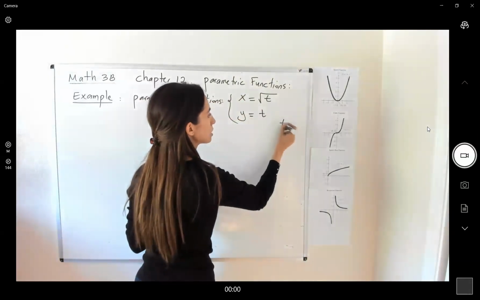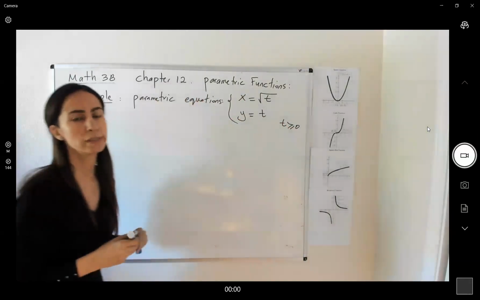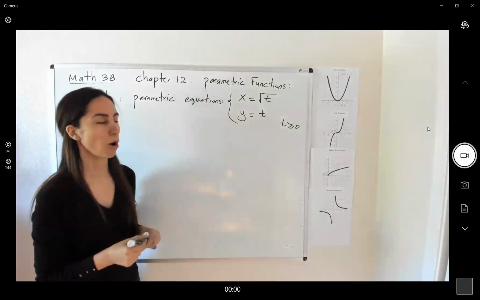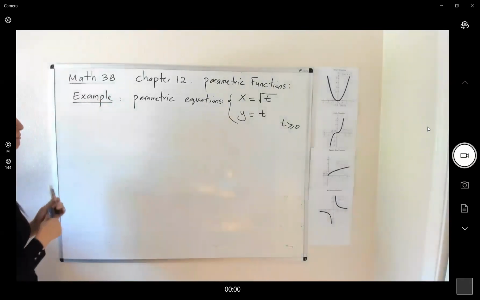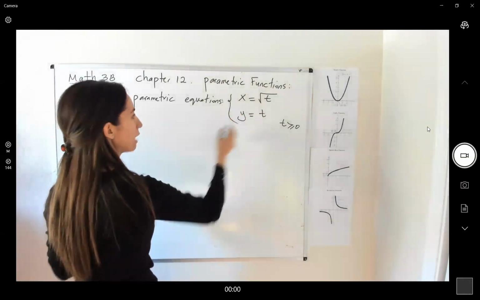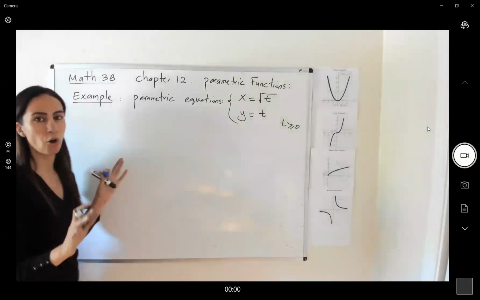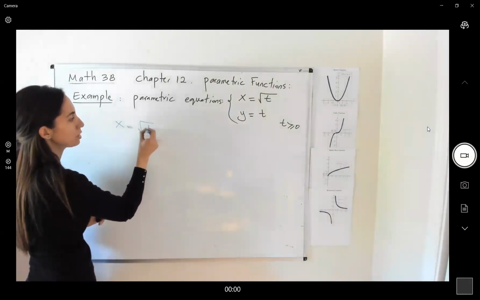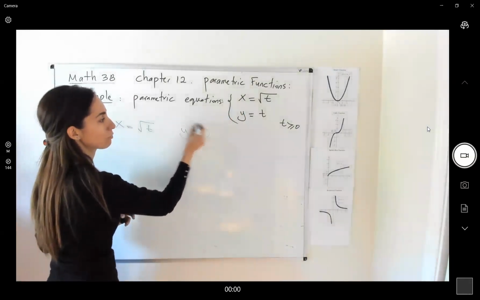And suppose t is greater than or equal to 0. Describe the position of this particle. Very well. I have x, I have y. It's not that hard, just don't overthink it. X is equal to square root of t, and y is t itself.